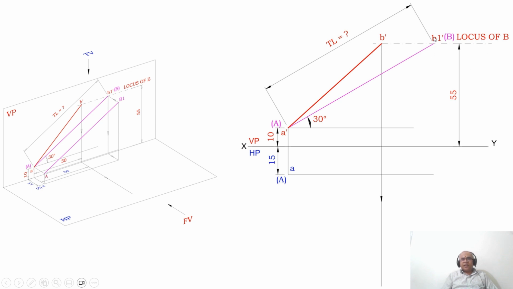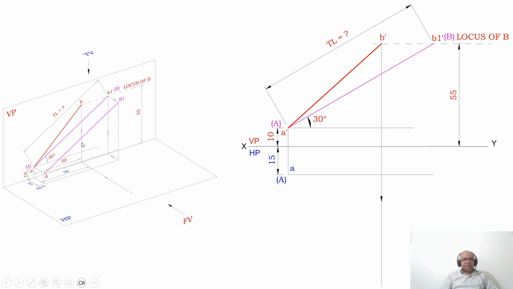You mark this point as B1 dash and join A dash and B1 dash a little thicker than the XY line. Since this is the true inclination line, the length you get is the true length. So you mark this point as capital B, and this point as capital A.